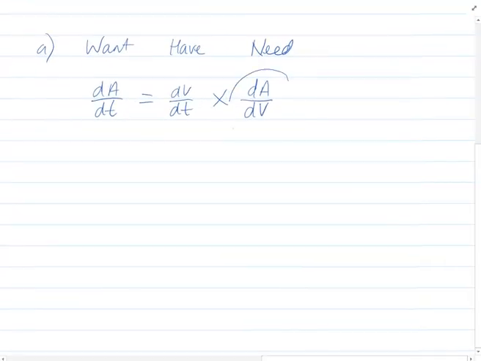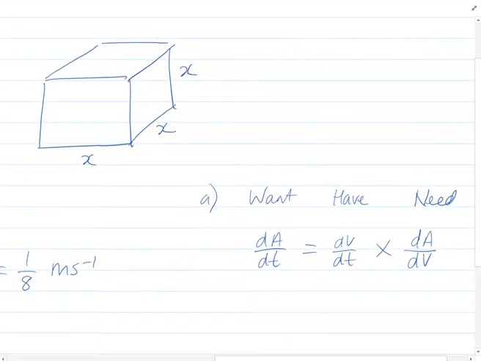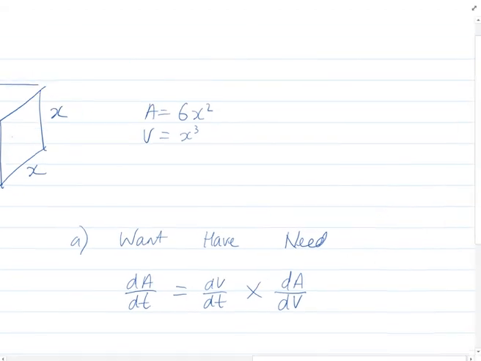So we need to relate area and volume somehow. And so let's think about area. Well, area of this is going to be 6x squared. And we already know that volume is going to be x cubed. So we've got x's in both of these, so surely we can make some sort of substitution.